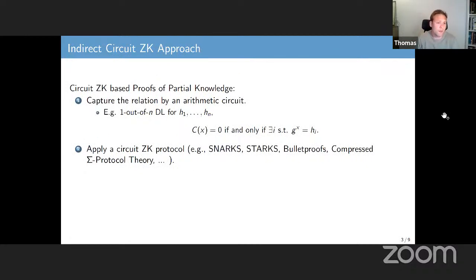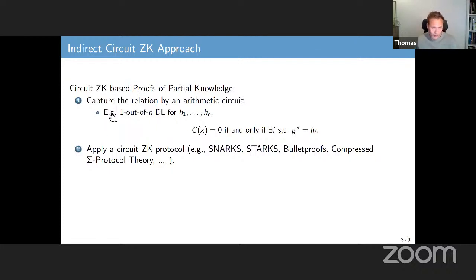Given recent advances in communication efficient circuit zero knowledge protocols, there's an immediate solution for this problem, namely capturing the proof of partial knowledge relation by an arithmetic circuit.